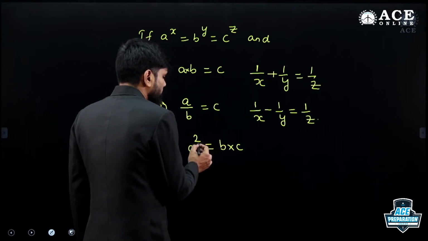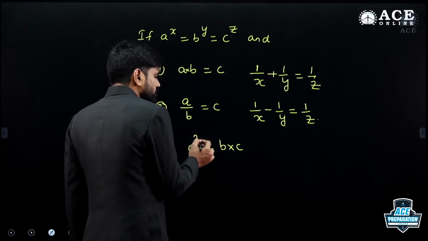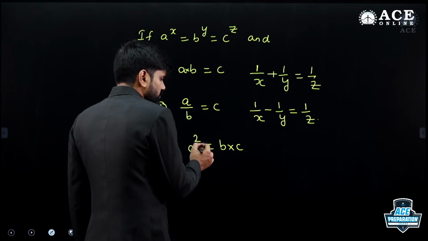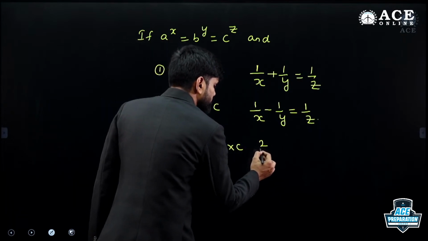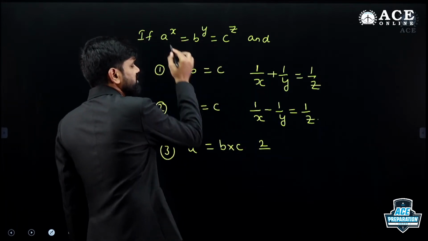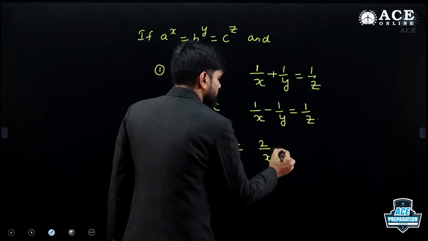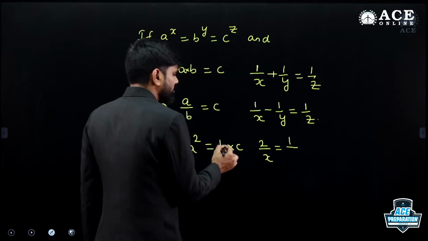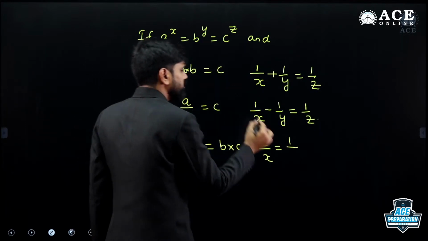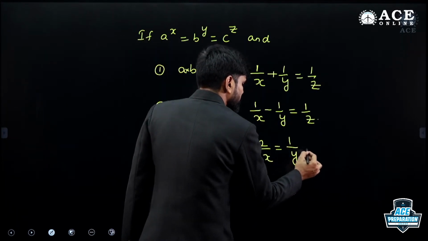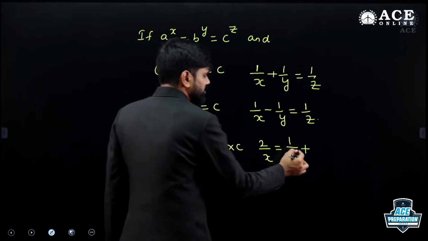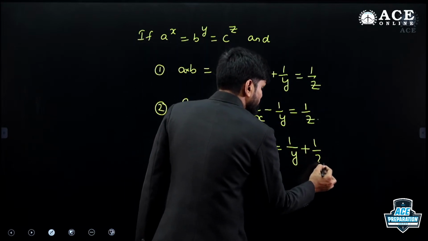In this case, whatever is the power of A, you take that in the numerator, and whatever is the power that is there, you take in the denominator. So 2 by x is equal to 1 by y, the power of B is 1, plus, this is into, that's why I am taking plus 1 by z.